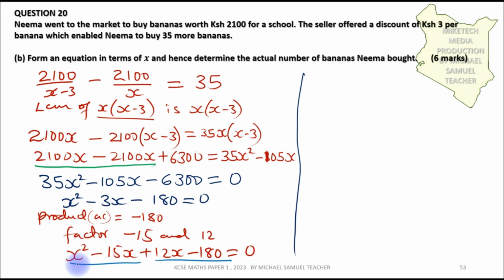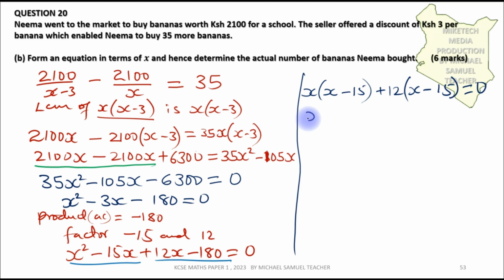In the first part, x is common, so I factor x out. Then I'll have x minus 15. Then the second part, 12 is common, so plus 12. So 12x divided by 12, I get x. Then minus 180 divided by 12, I get minus 15. Will be equal to 0.